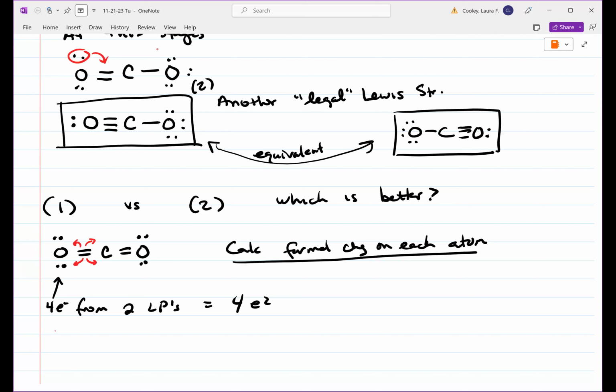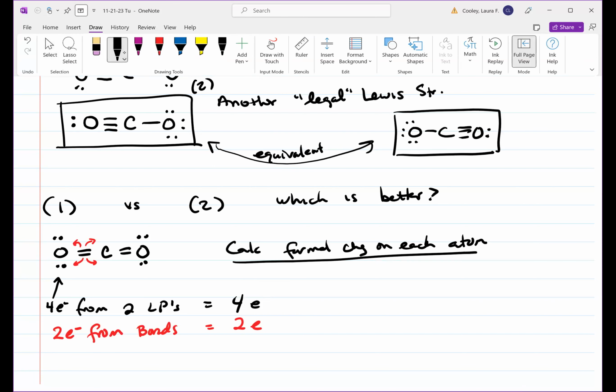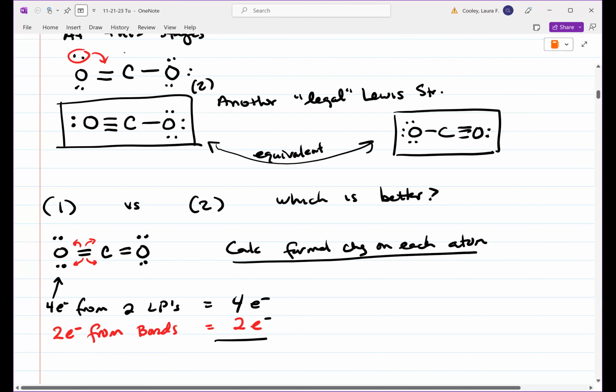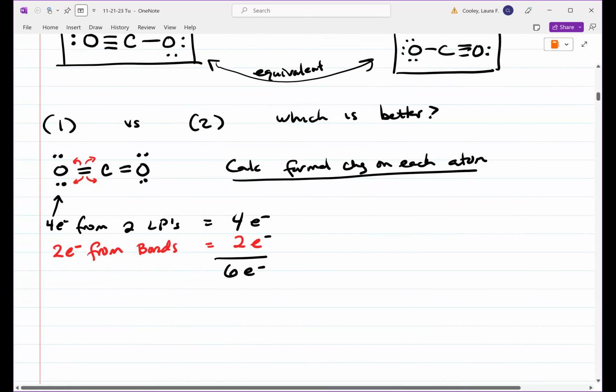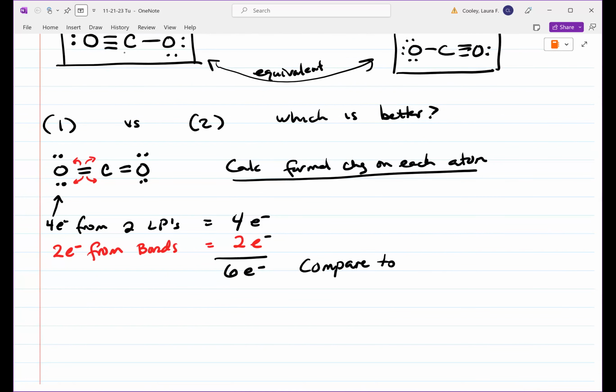So we have 2 electrons from the bonds. Add this up, you get 6 electrons. Now I'm going to compare that to the valence electrons for oxygen, which is how many? 6. And it's the same. So the formal charge is 0 because it's the same.